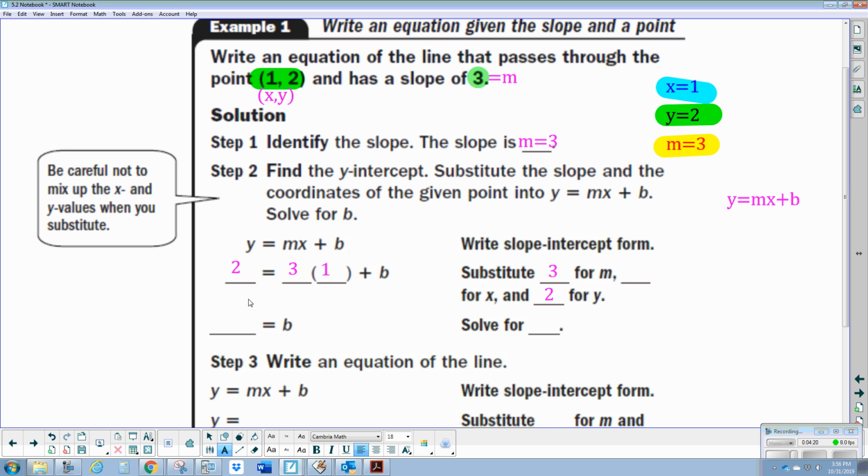So we get the equation 2 equals 3 times 1 plus b, or 2 equals 3 plus b. Now, in order to solve for b, we need to subtract 3 from both sides. When we take 2 minus 3, we get negative 1. So b is equal to negative 1.